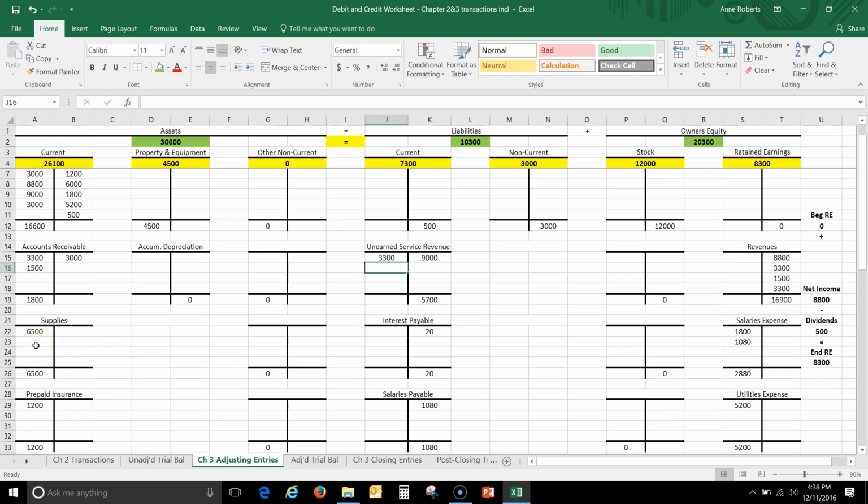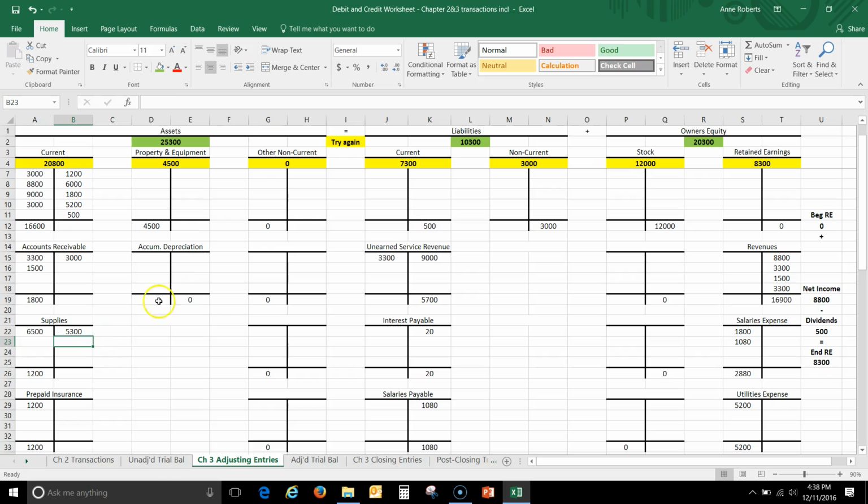So again, we back into the usage. The $6,500 that we put in there, we go into the supply closet, we now have $1,200 left. So the $6,500 minus the $1,200 gives us the $5,300 that's used. So we're going to reduce the supplies down to the $1,200 that are now actually in the closet.